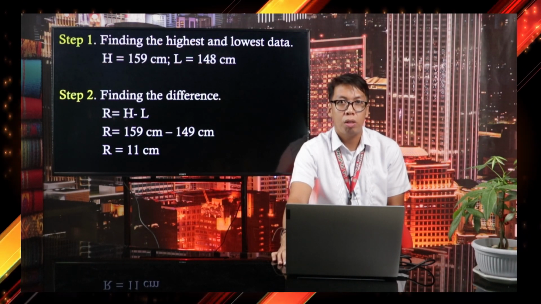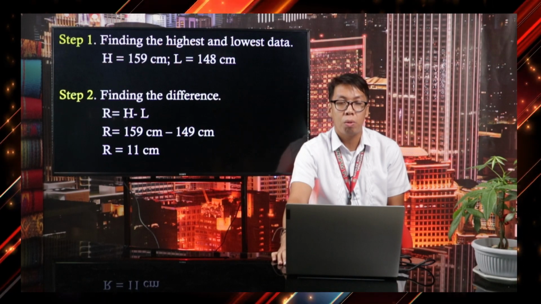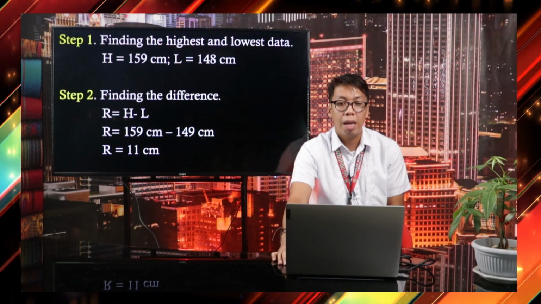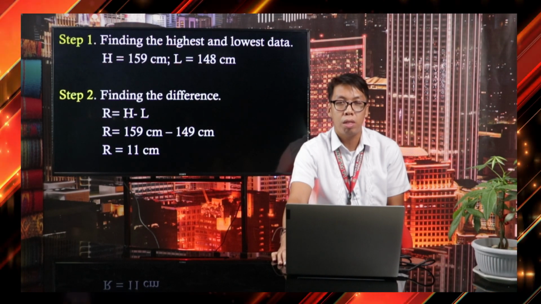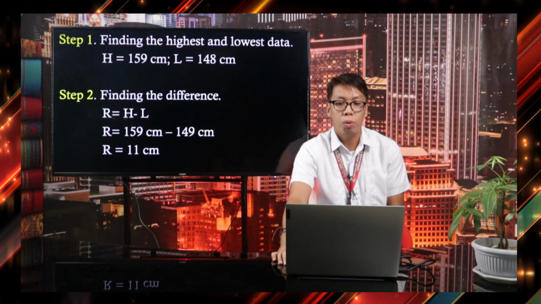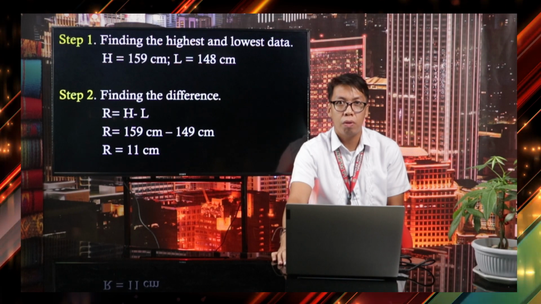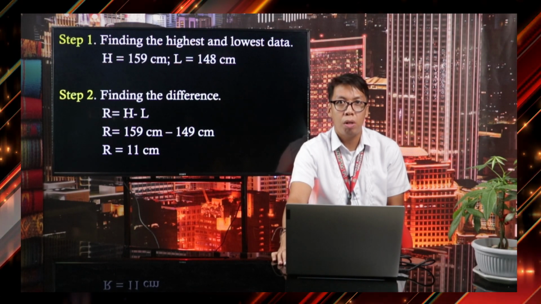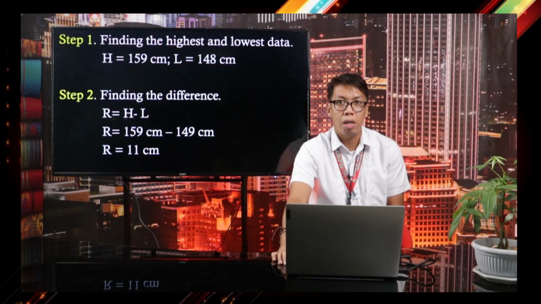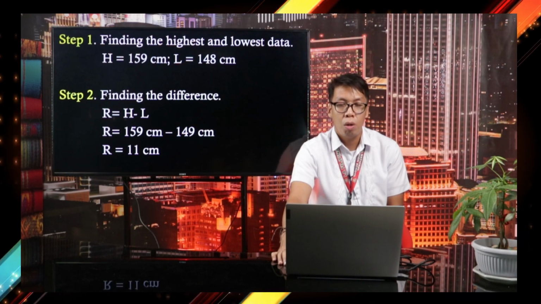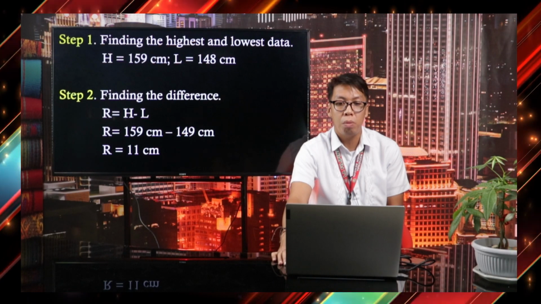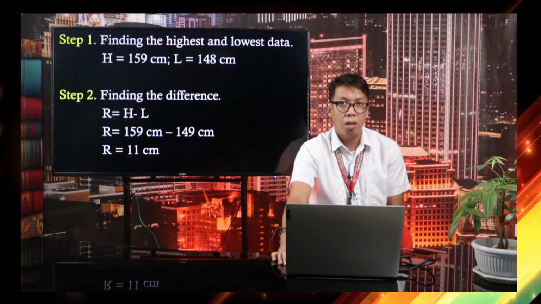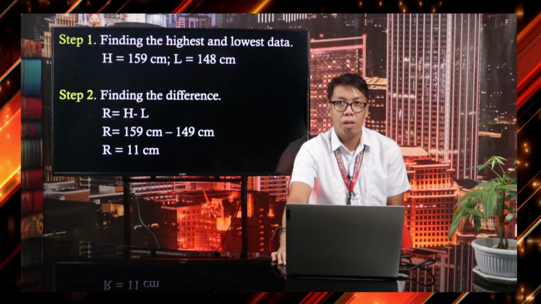H is equal to 159 cm, which is our highest data. L is equal to 148 cm, our lowest data. Step 2. Find the difference. Apply the formula: range is equal to highest minus lowest. 159 centimeters minus 148 centimeters. Our value of the range now is 11 centimeters.